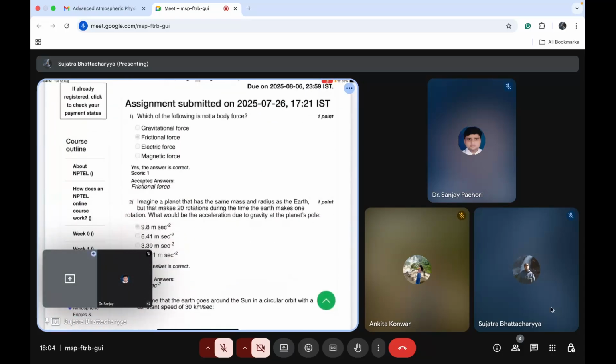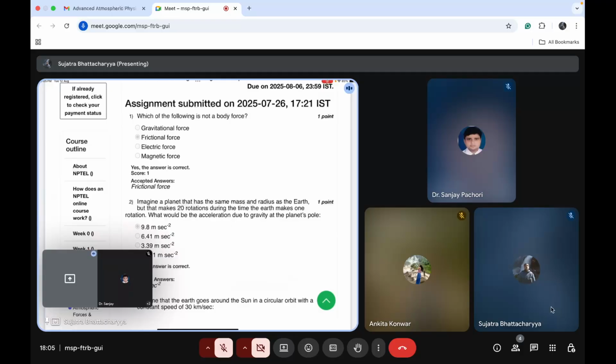Just taking a PDF of that. Okay, so if you look at the first question, it is asking which of the following is not a body force. In the first problem solving session, we discussed that the forces, particularly those present in the atmosphere, can be categorized based on whether they act on the body or at the surface.